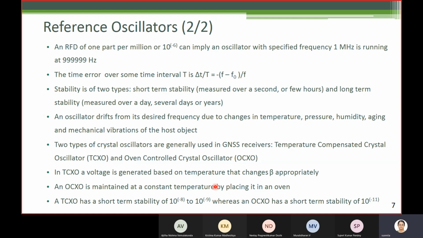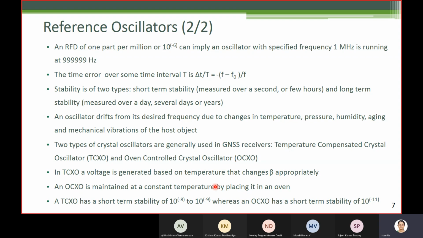Chip scale atomic clocks in receivers are more expensive than TCXO or OCXO. So a TCXO would cost a few thousand rupees, whereas an OCXO would cost a few tens of thousands of rupees, say 30,000, 40,000 rupees.